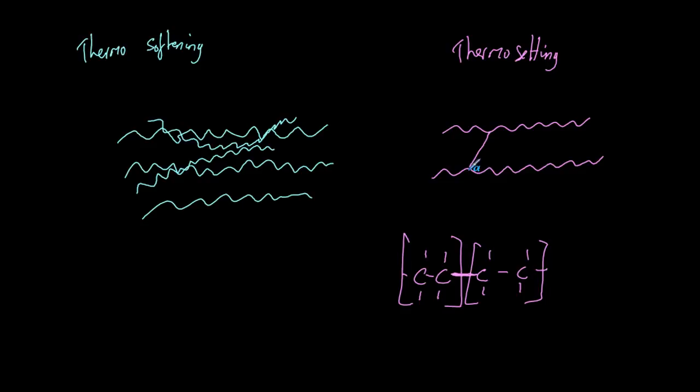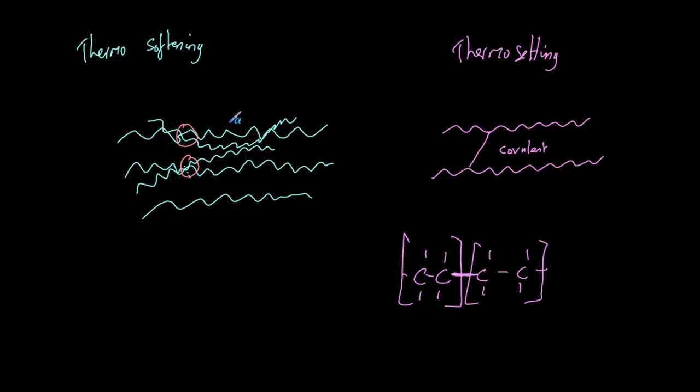So the interaction between this molecule and this molecule is extremely strong, because we know that covalent bonds are very strong. However, if we take a look at our thermosoftening polymer, these two are just tangled up. Let's show a different colour. These two are just tangled up here.